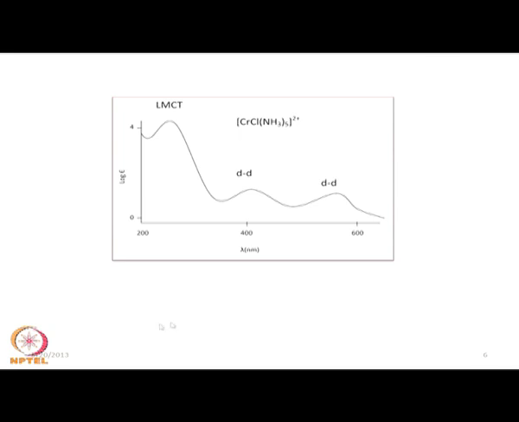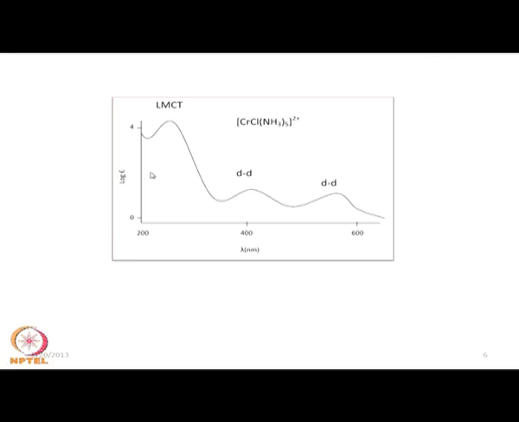So, what we see is that, apart from these transitions, we can have chromium in +3 oxidation state, with chloride there. So, it is chromium in +3 oxidation state which is a 3d3 system, and we can have two distinct d-d transitions. One is close to say 550 nanometer, another is close to 400 nanometer.